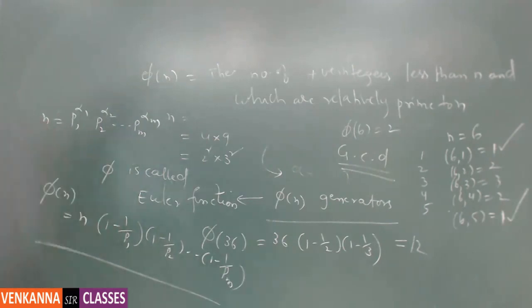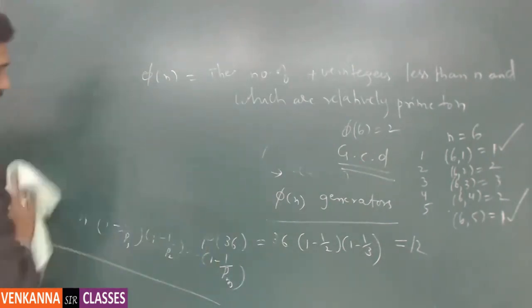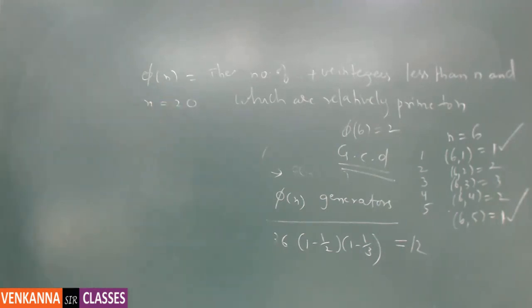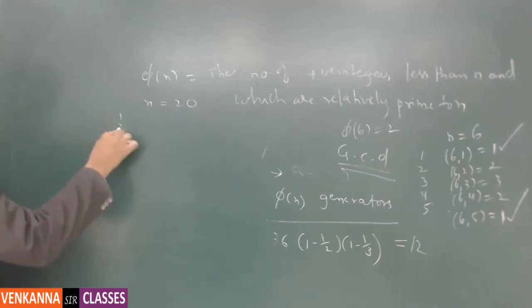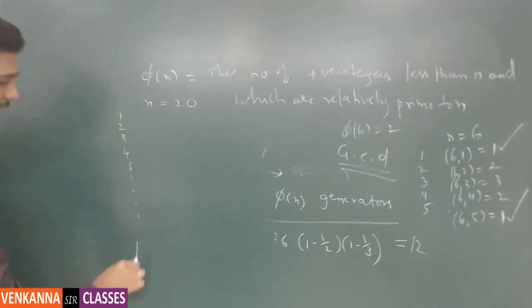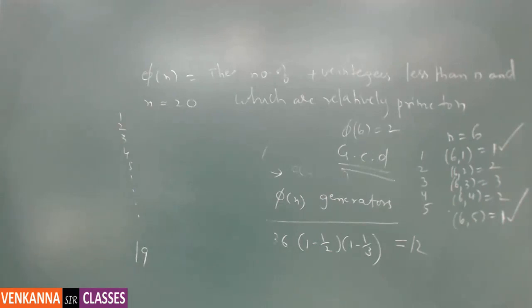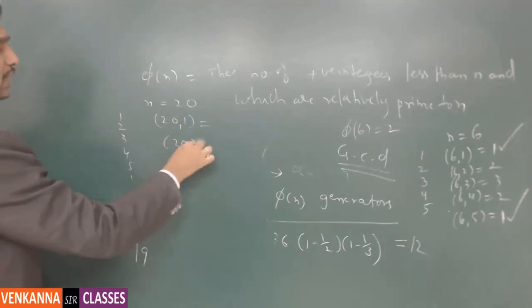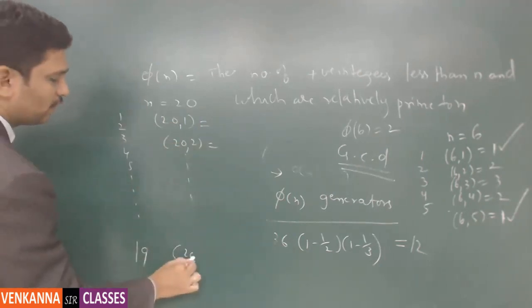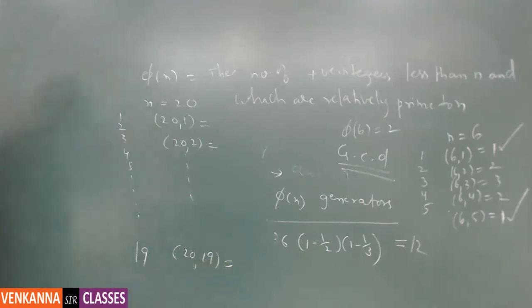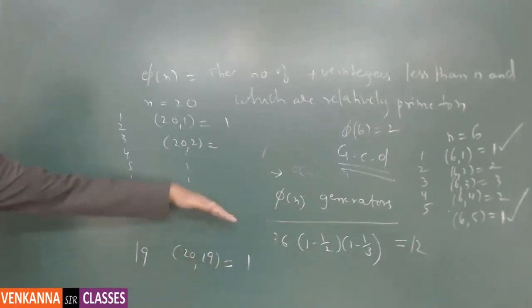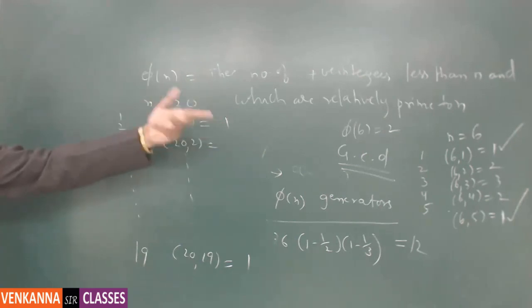So you can imagine like this. Suppose you are calculating, say I have given n is equal to 20. What you are doing is taking the numbers 1, 2, 3, 4, 5 and so on up to 19, and you calculate the GCD. GCD of 20 comma 1, what is it? GCD of 20 comma 2, what is it? And so on, GCD of 20 comma 9, what is it? Among these, you pick up those values whose GCD is 1, and you count how many such values there are.